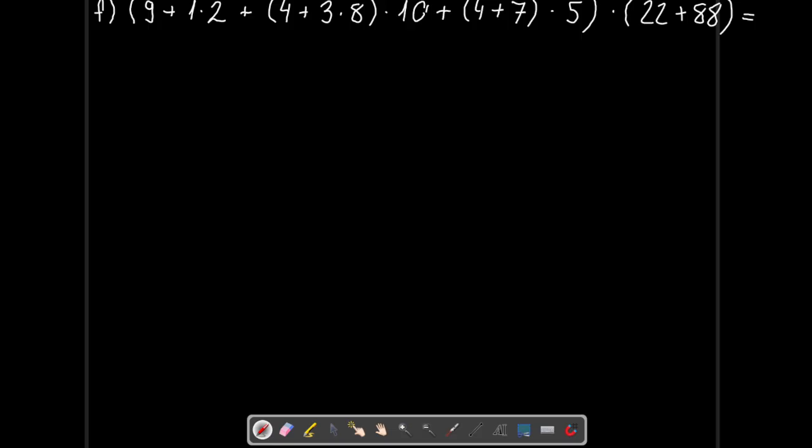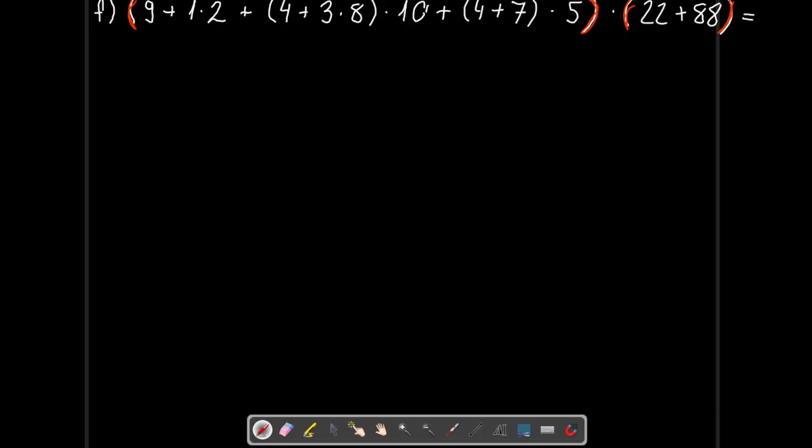Quite a long expression, but once again we have two separate brackets. We have one right here and the other one right here. So we need to calculate these brackets first. The right bracket, the red one.